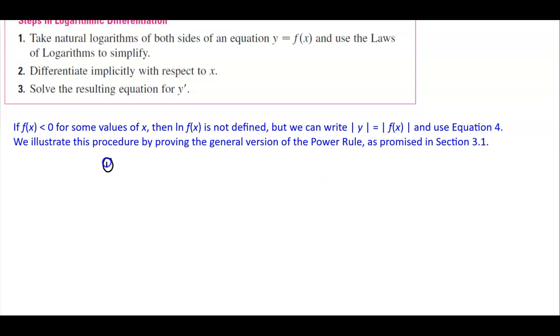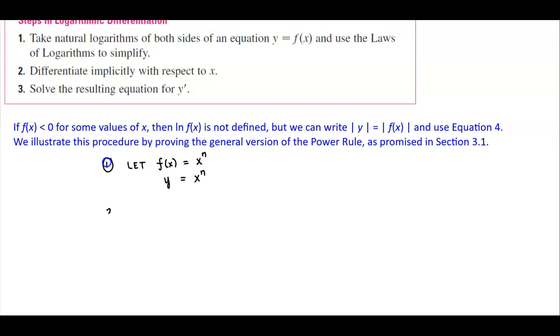That means that we're going to let f of x equal x to the n, which is the same thing as y equal to x to the n.